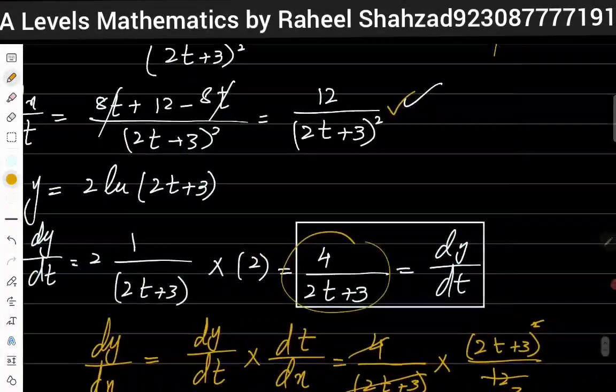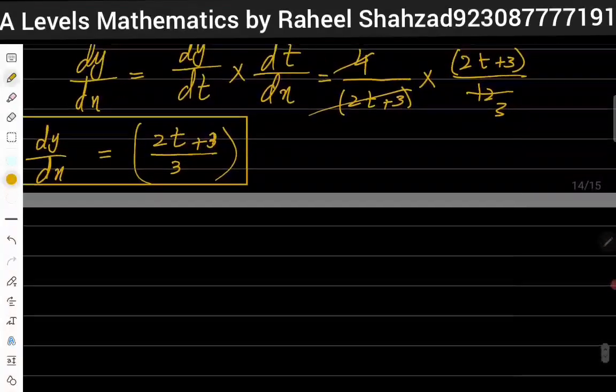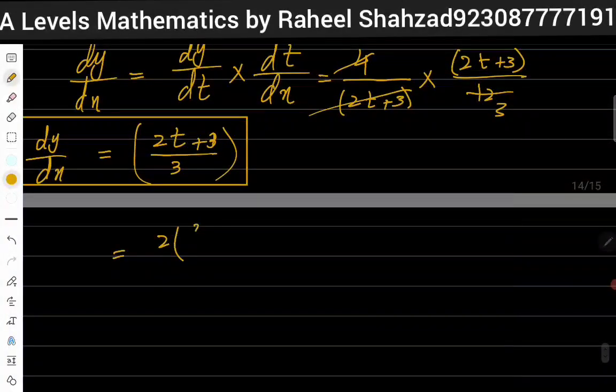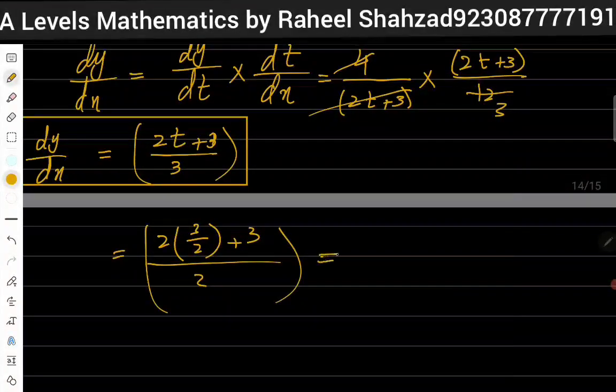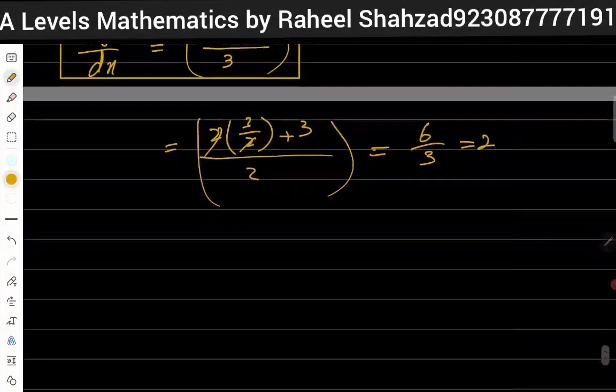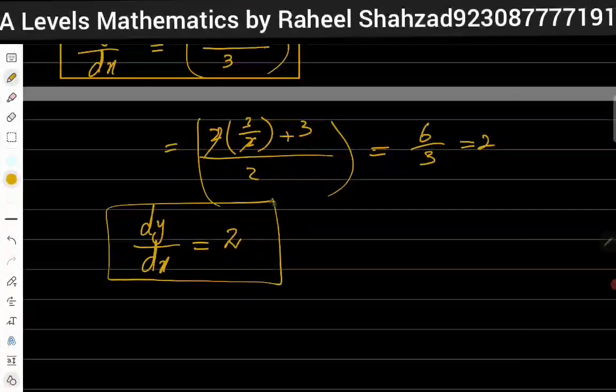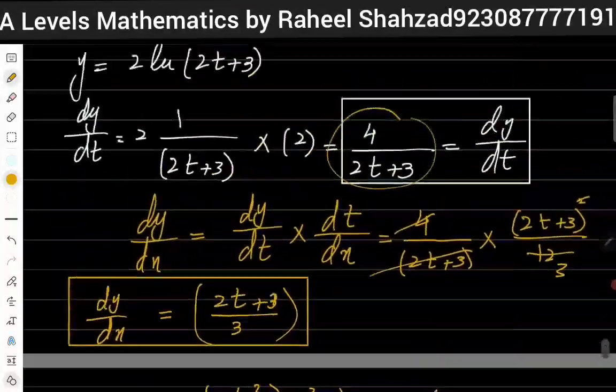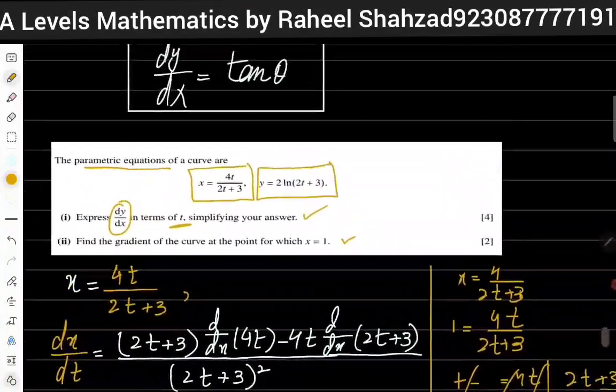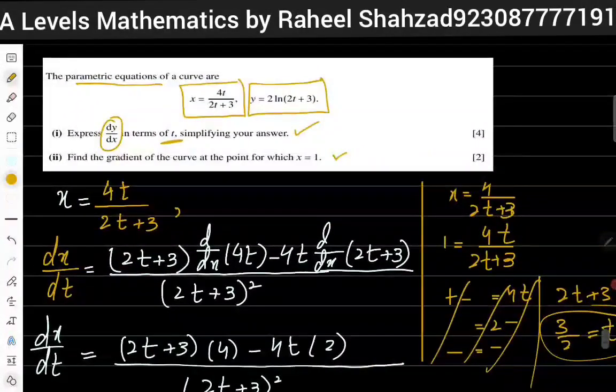So we are going to substitute 3 divided by 2 here: 2 times 3 divided by 2 plus 3, divided by 3, and this is your final answer. 6 divided by 3 is equal to 2. So your dy by dx, or gradient, is equal to 2. So have a look at this question. This is a question that states the parametric equations of the curve are this and this, and we need to express.